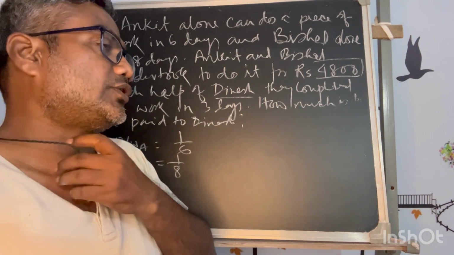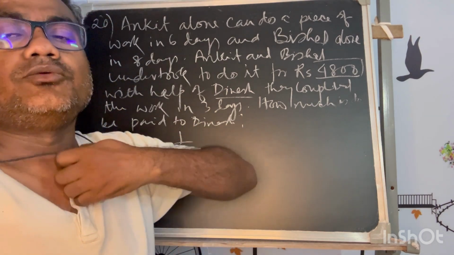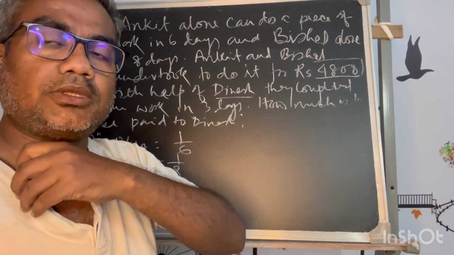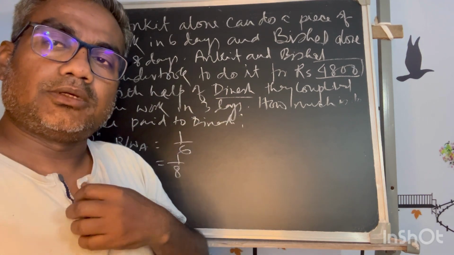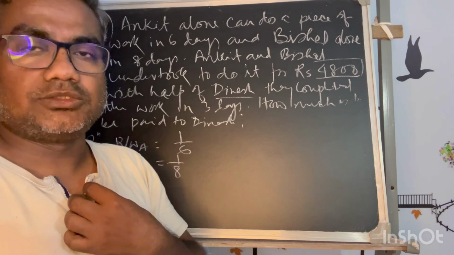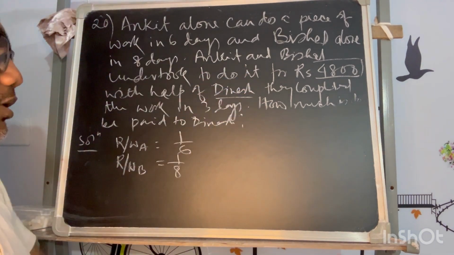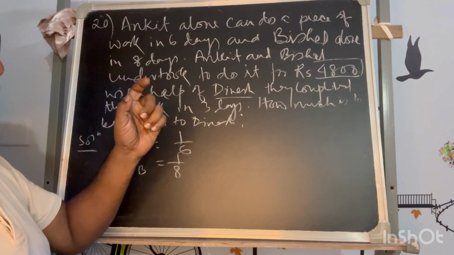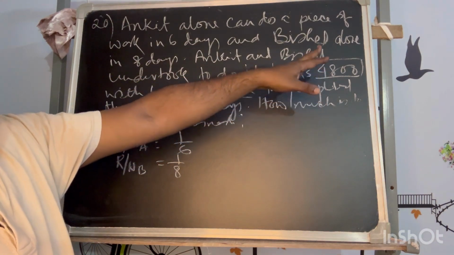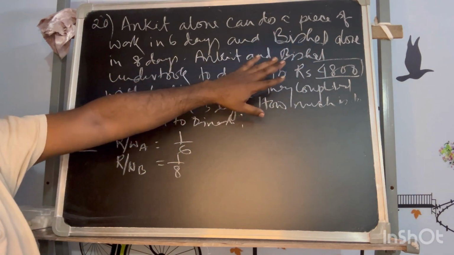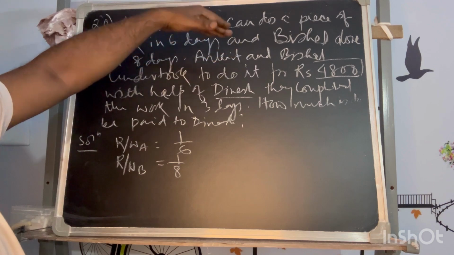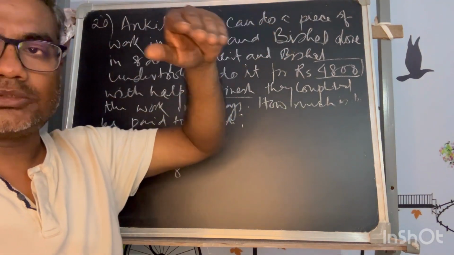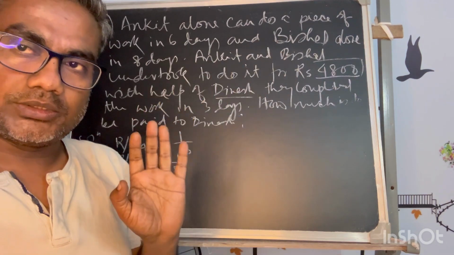For the convenience of the job, we can increase our resources, and that will not affect the cost for the job. The cost for the job remains fixed, whether you do it alone or use a number of people.